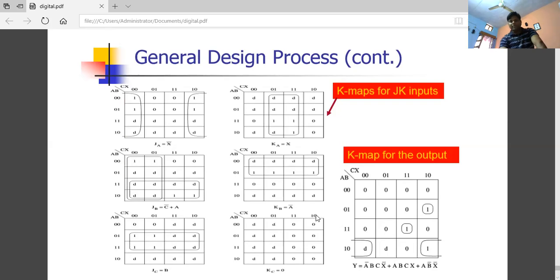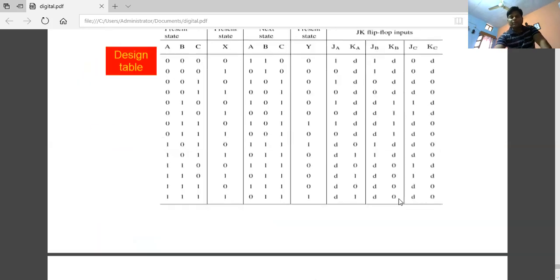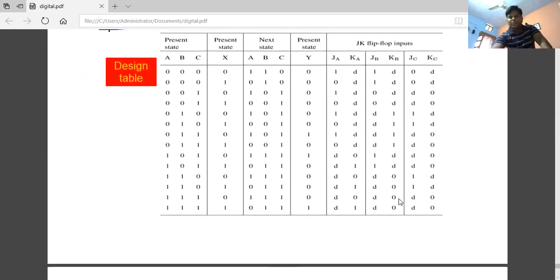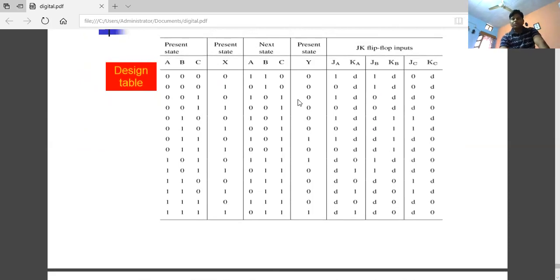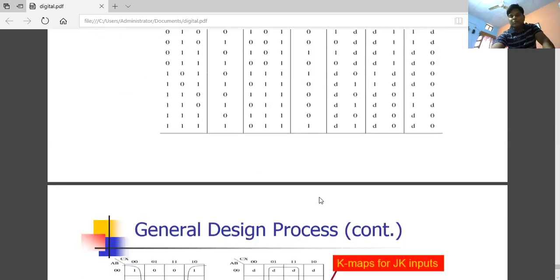Here we find all the expressions, and the other expression from the K-map for the output section, for the Y value. The corresponding inputs are A, B, C and X. Then according to the Y input, we have to draw for this Y value. Here the present state is given. The inputs are A, B, C and X, and the corresponding output is already mentioned.